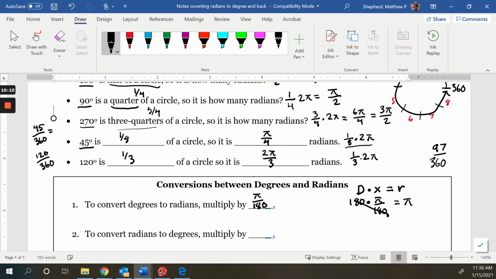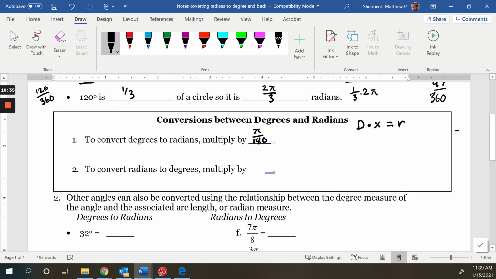So yeah, it did successfully convert our degrees of 180 to be equal to the radians of pi. All right, so that's great. We now have a number. Anytime we want to start with degrees and then go to radians, we just need to multiply by pi over 180.